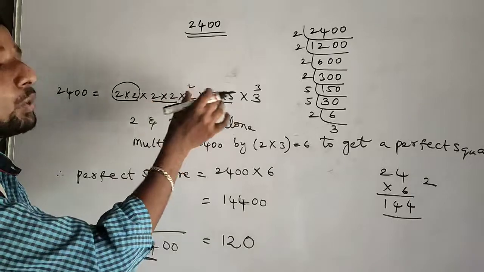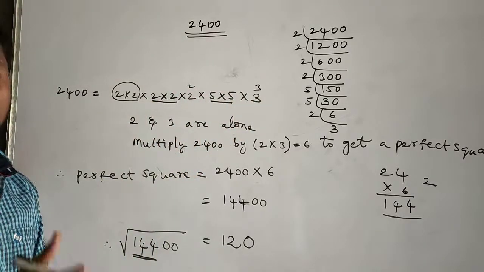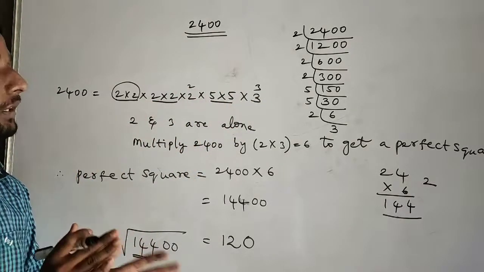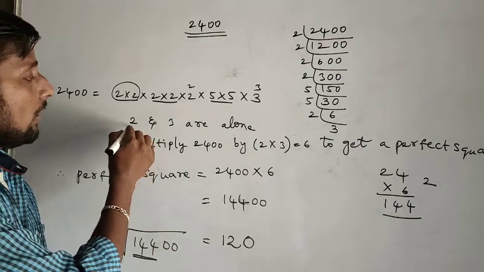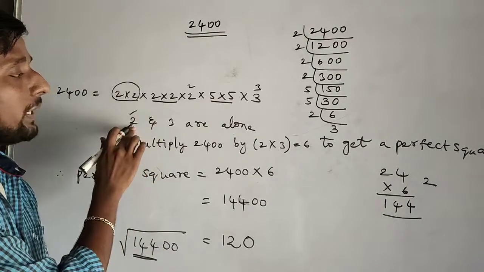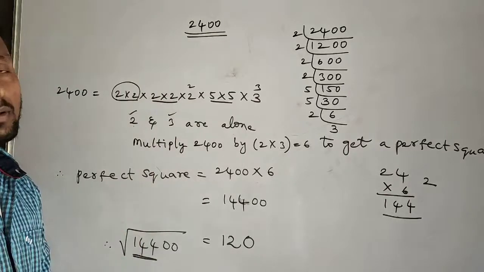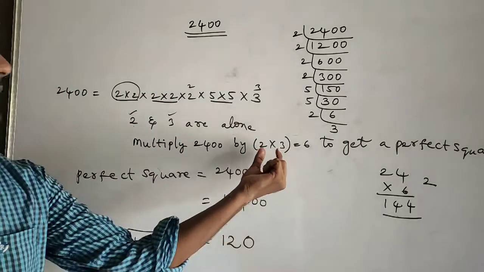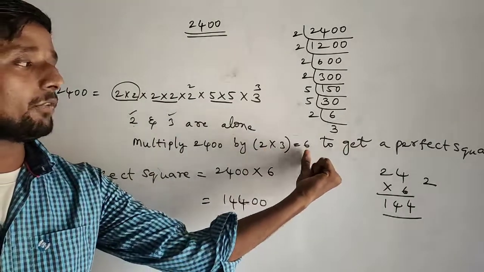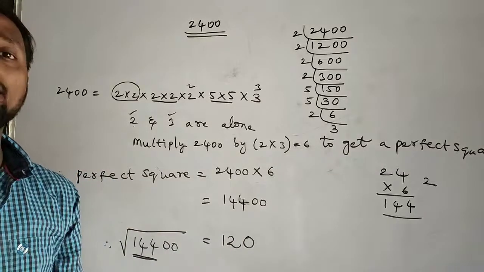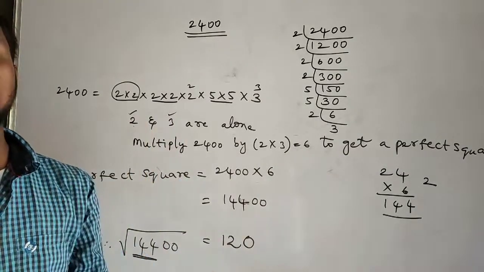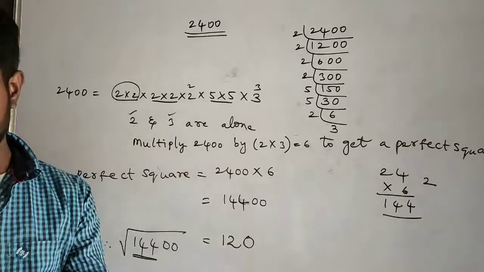After making pairs, 2 and 3 are both left alone here. So I have taken one more 2 to make a pair and one more 3 for another pair. 2 3s are the product of 2 and 3, we got 6. So I decided to multiply 2400 with 6 to make it a perfect square.